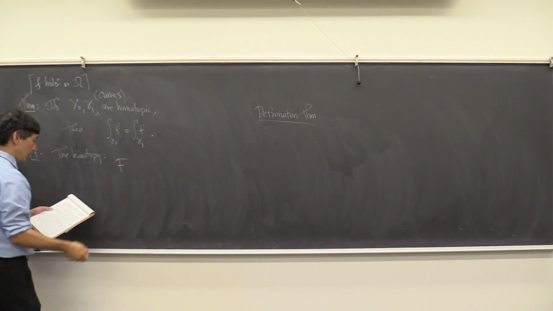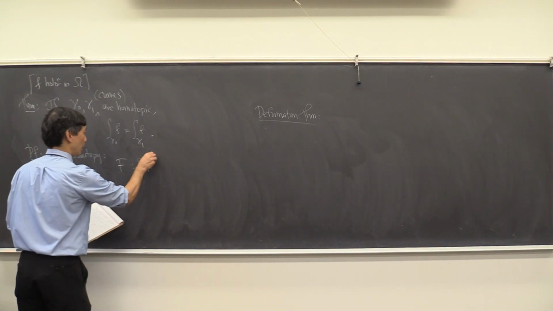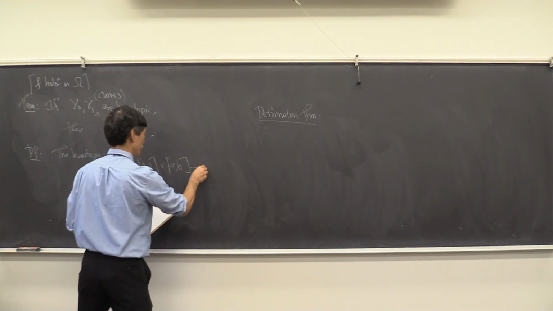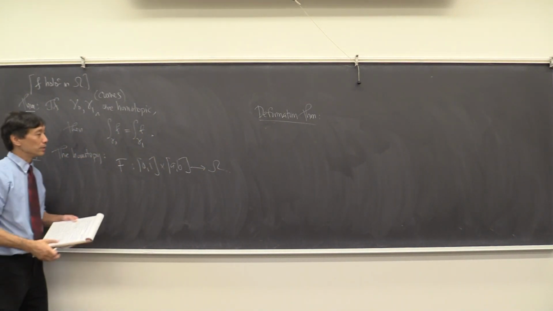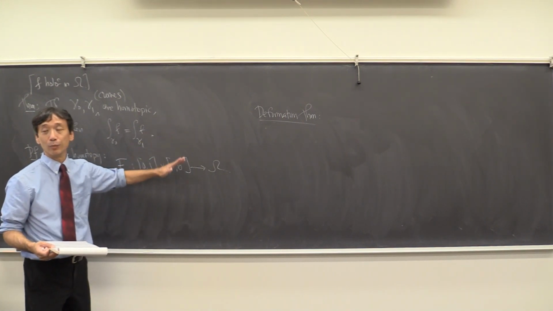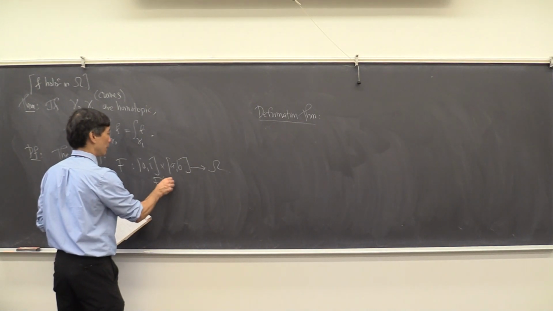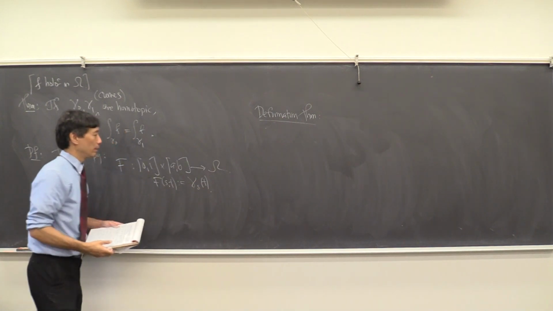That's this function, which we'll call capital F, on [0,1] cross [a,b] into your set. This is the function that basically encapsulates that deformation from one curve to the other. So F(s,t) is going to be defined as gamma_s(t).